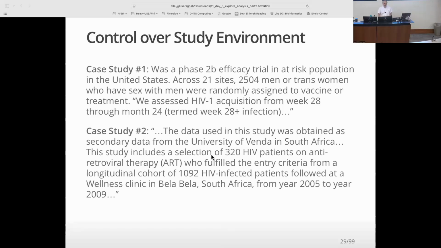So, anyone want to, or maybe I'll do it this way. Who in the room thinks, you can raise your hand, and we'll see what happens on Zoom. Raise your hand if you think that case study 1 was an experimental study. No one on Zoom's raising their hand, or maybe I just can't see it. Okay, raise your hand if you think that case study 1 was an observational study.